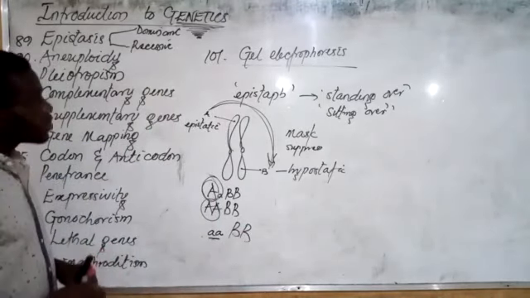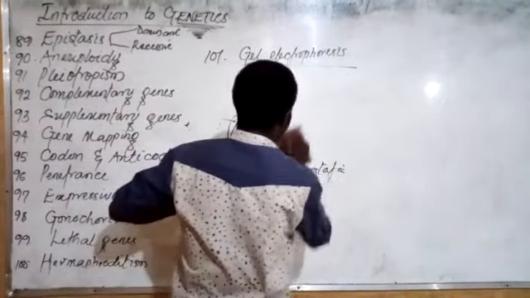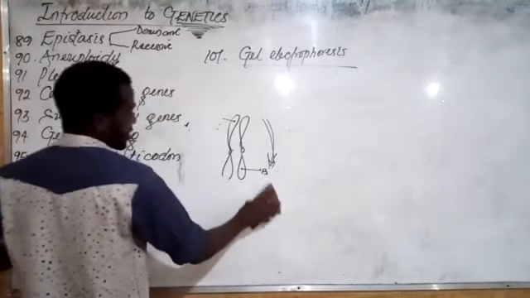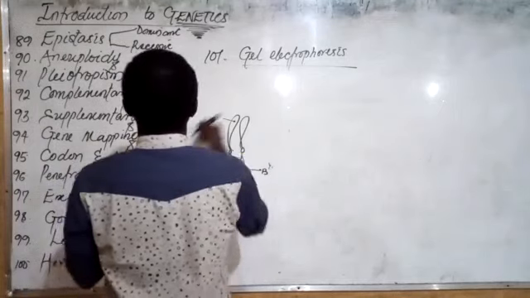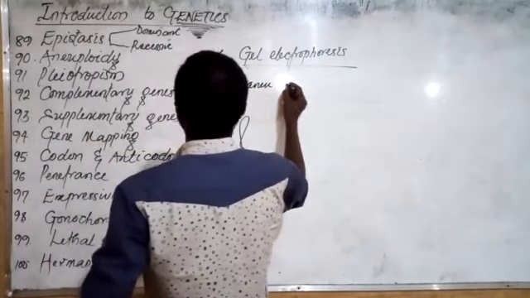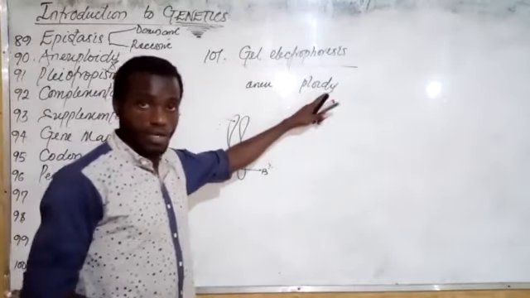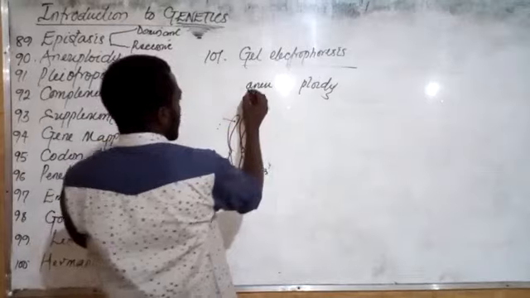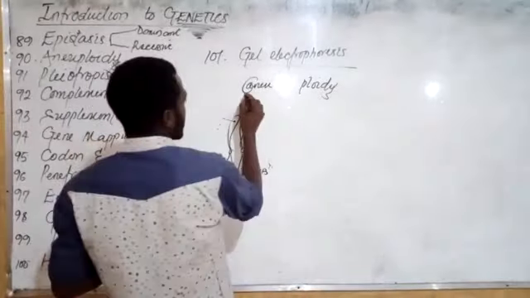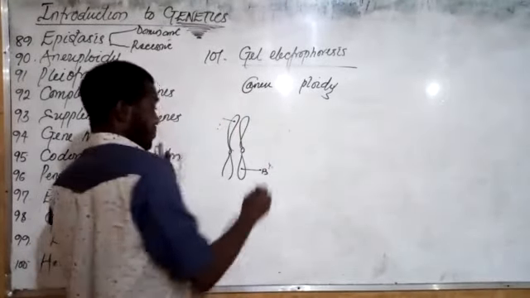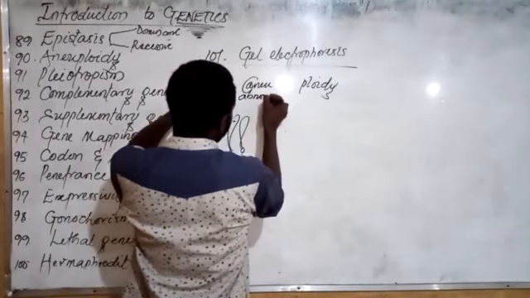All right. So the next thing is aneuploidy. Aneuploidy is also gotten from two Greek words, an and ploidy. Of course, ploidy is talking about the number of chromosome sets that an organism has, while an, when you have it at the front of words, usually in Greek, it means not, it means abnormal.